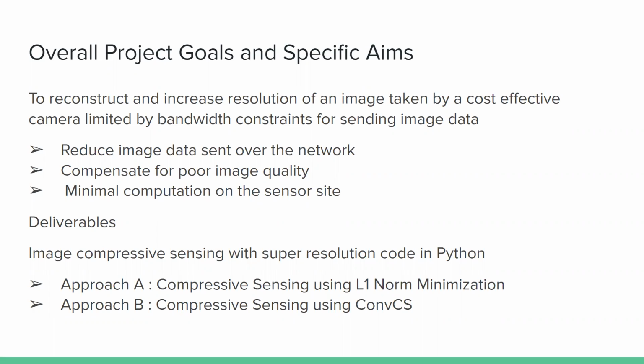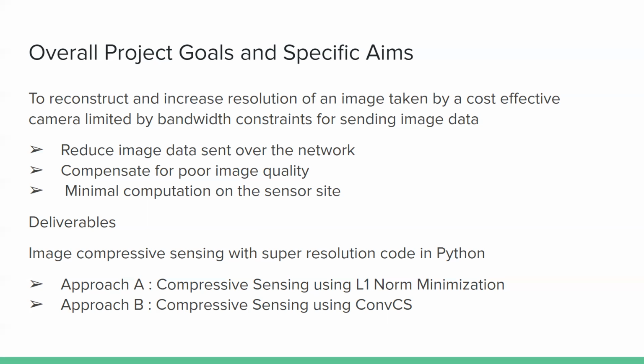The sensor has minimal computational functionalities, so we need the absolute least amount of computation on site, and the image quality itself is really poor. So we should have a way to increase the resolution at the final output, and we also need to reduce the size of the image before we send it, because there are really bad bandwidth constraints in the network as well.